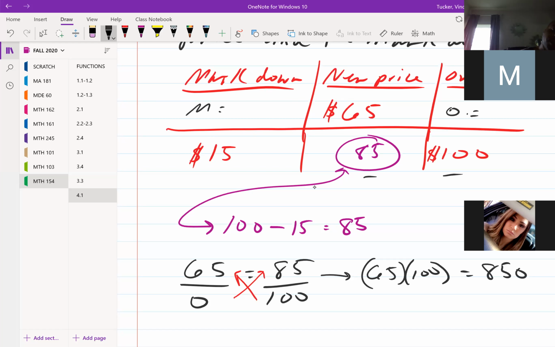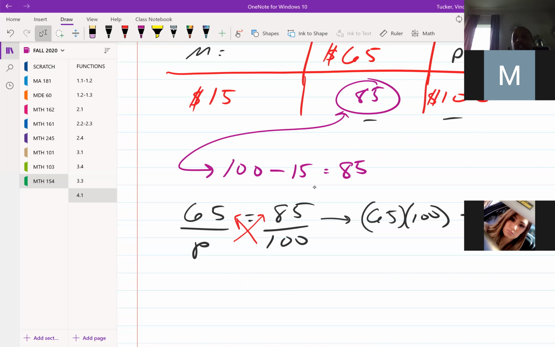Probably shouldn't use O since I'm using it with numbers. So let's call that P because I don't want that to get confused with a 0. Somebody might write 850 in their notes and go back to it, and it'll be a problem. So instead of original price, just put P for price. And so now we can solve.